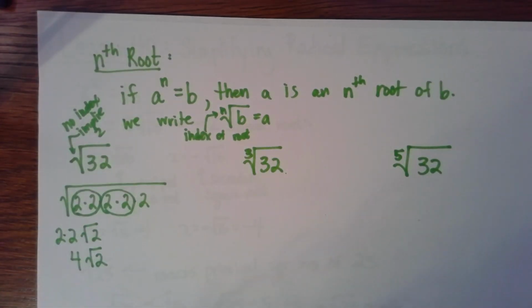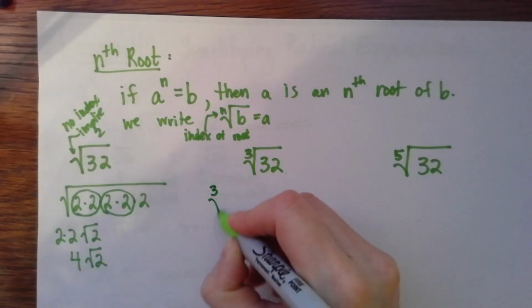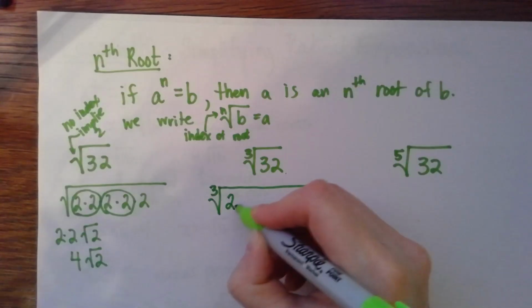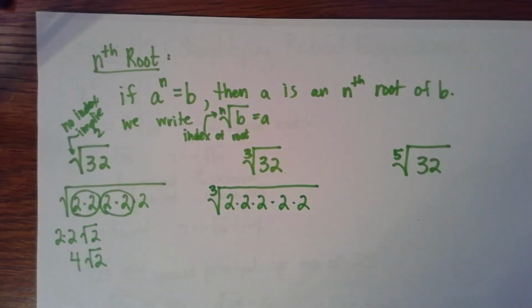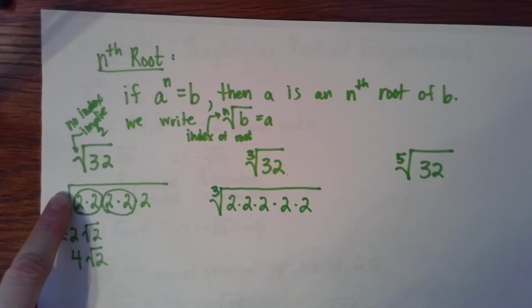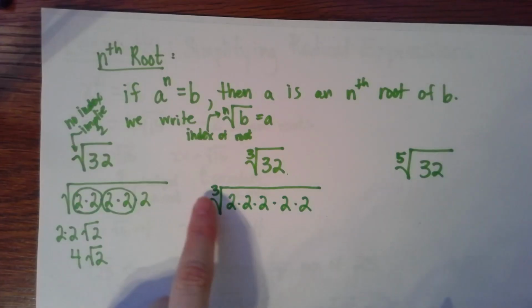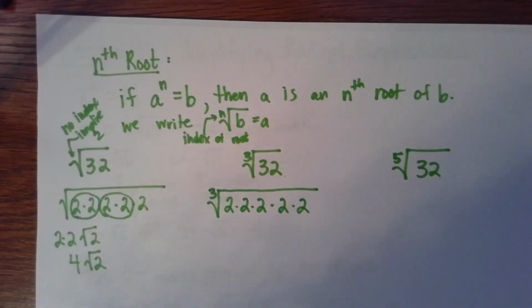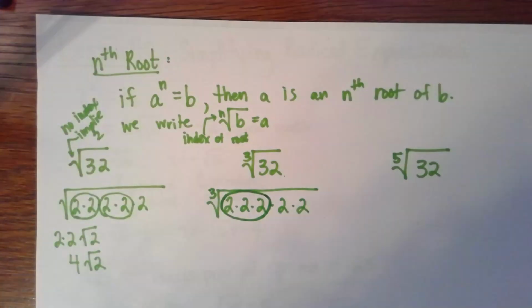When we simplify radicals with other indices, the logic is the same. So if I'm trying to do the cube root of 2 times 2 times 2 times 2 times 2, I'm not going to look for groups of 2 because my index isn't 2. I know the square root of 2, but I'm not trying to find square roots here. I'm trying to find cube roots. So I will have to look for a group of 3.